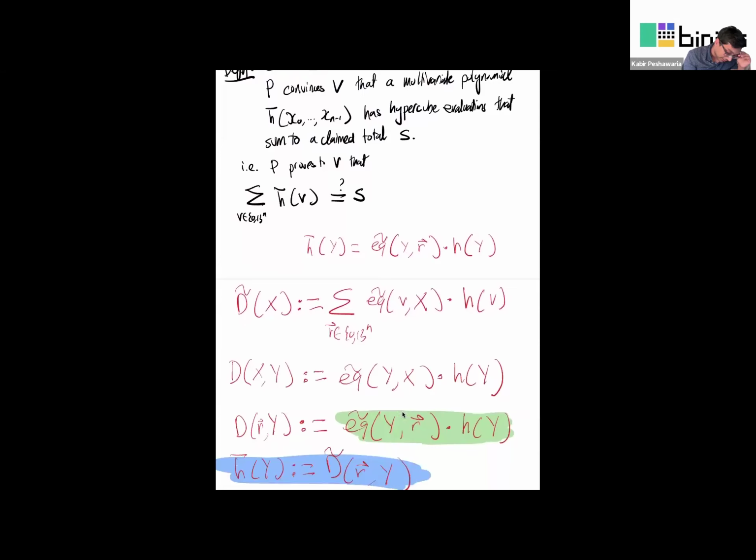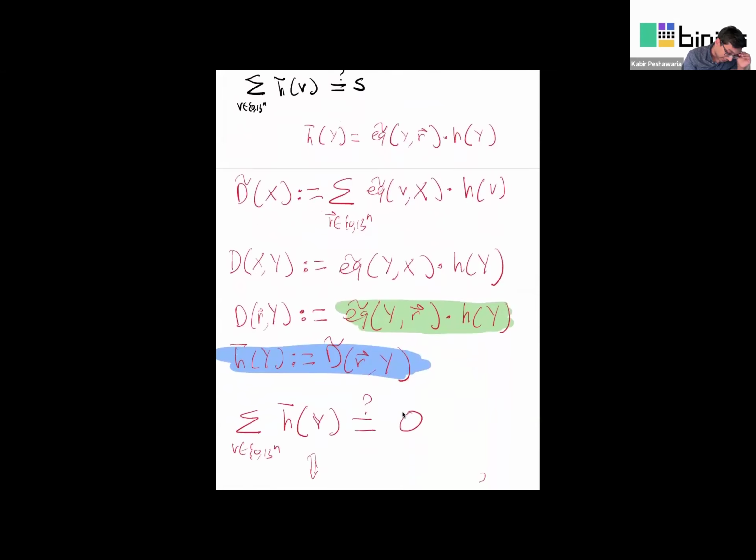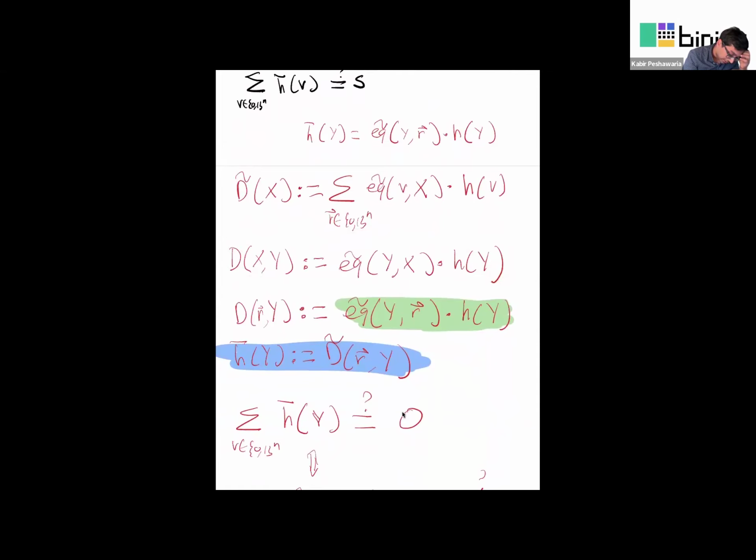It's a little subtle. Let's say that we started with some polynomial that looked like this: D of x, y is equal to eq of y, x times h of y. We could eliminate the y and try all the possible bit strings y and get something that looks like this.